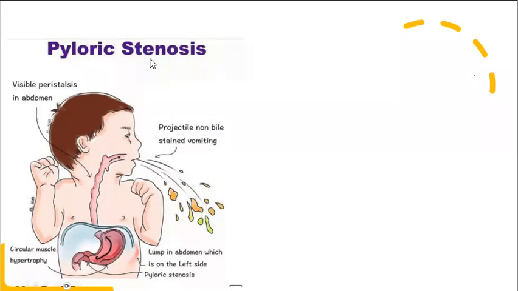So with pyloric stenosis, this is a condition in which the opening between the stomach and the small intestines thickens. Again, it's thickening and it's going to lead to narrowing in that area. And this is actually a problem that affects babies between birth and 6 months of age.